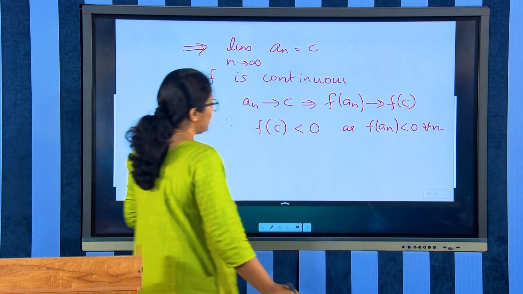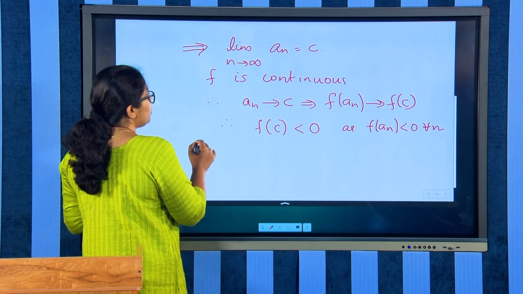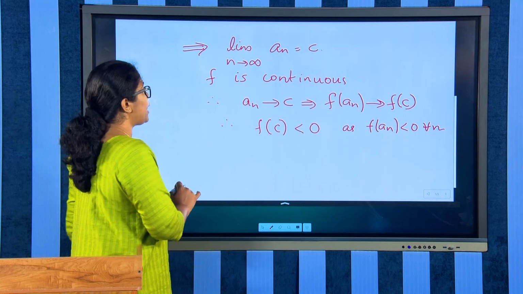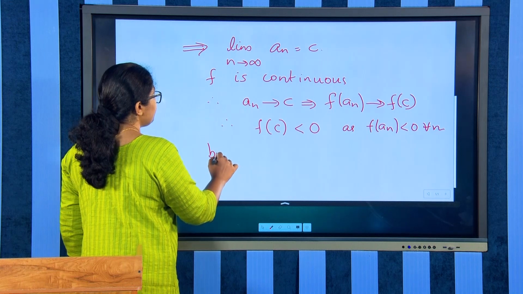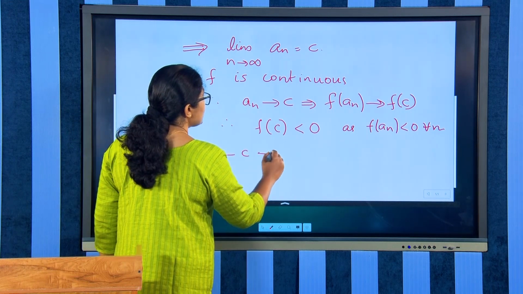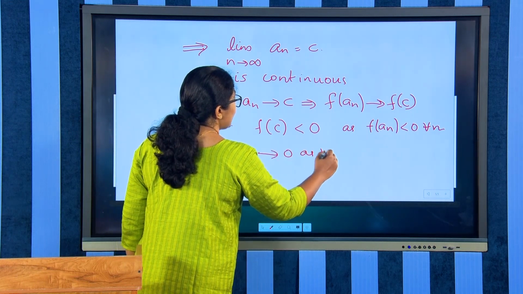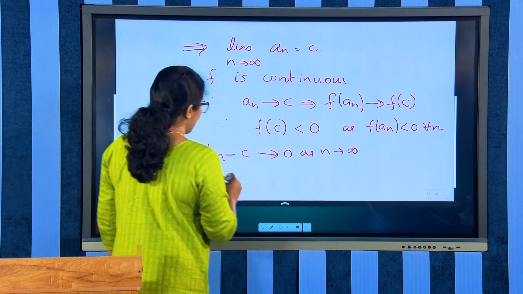Therefore f of C should be less than 0 as f of An is less than 0 for every n. Similarly, a similar argument can be applied to show that Bn minus C tends to 0 as n tends to infinity.